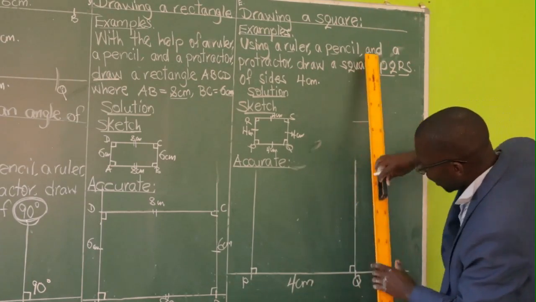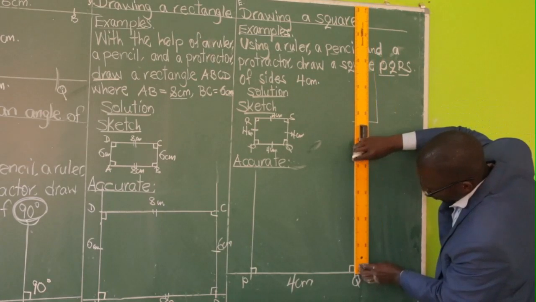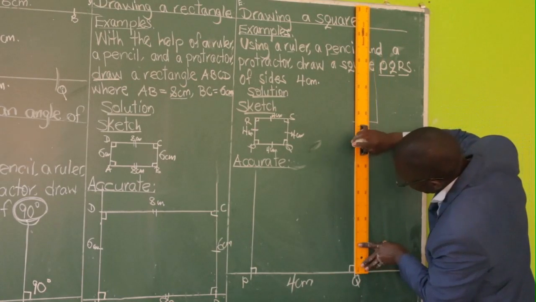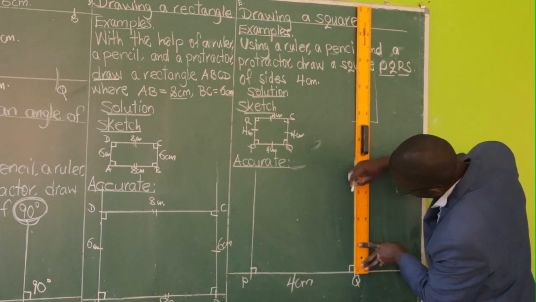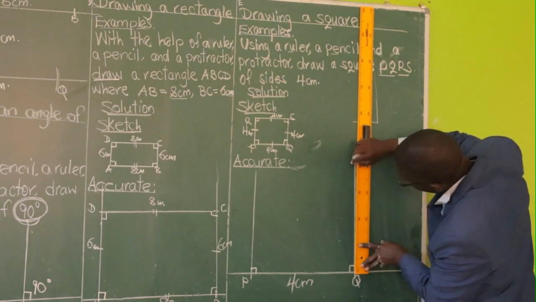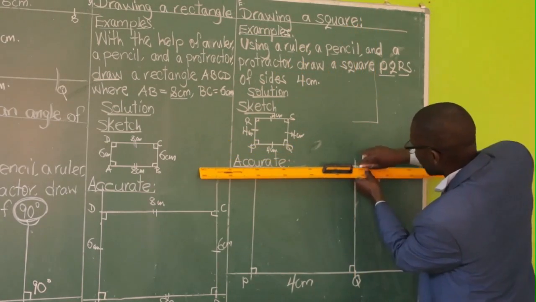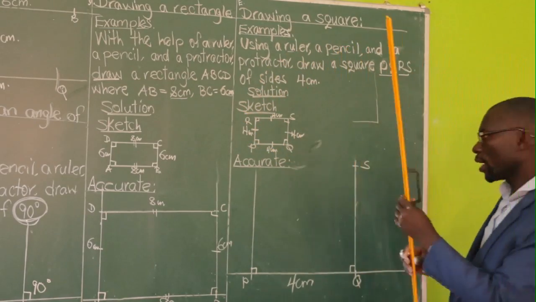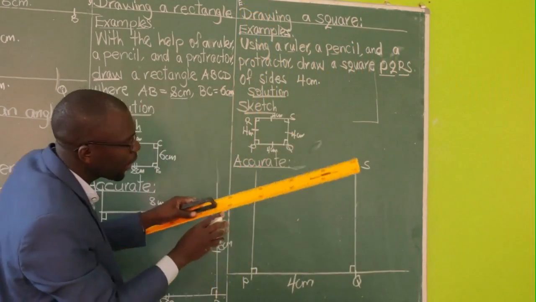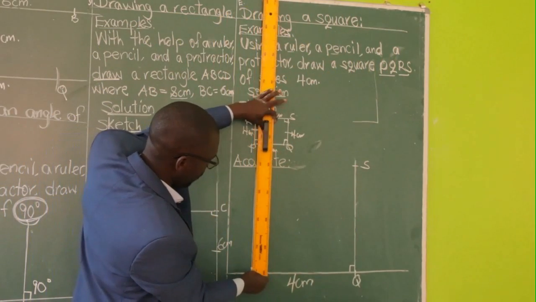So now I'll put my ruler at the starting point, and then I count 0, 1, 2, 3, 4. My 4 centimeters are here. I can say this is point S. But now when I come this side, do I have 4 centimeters on that line?